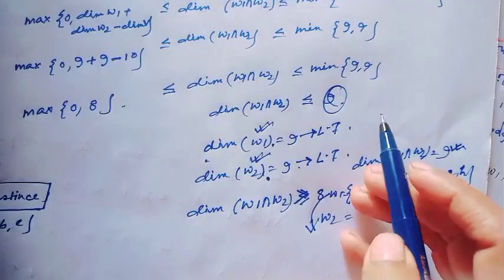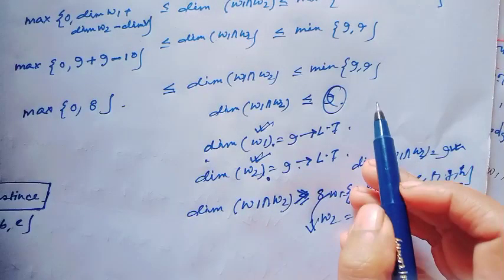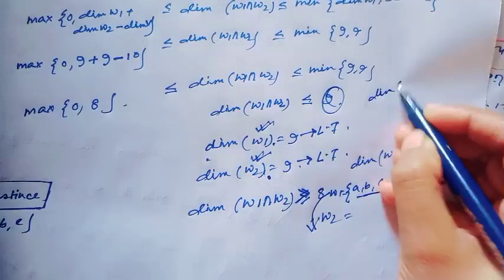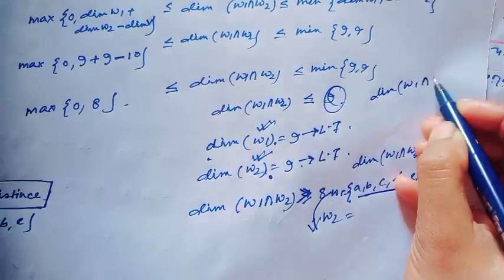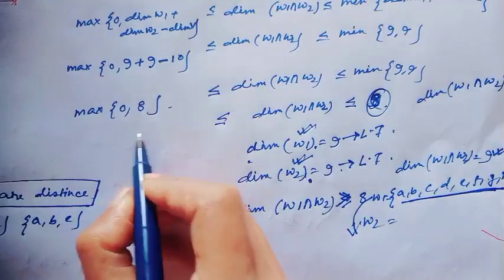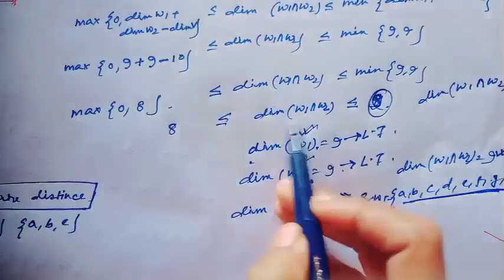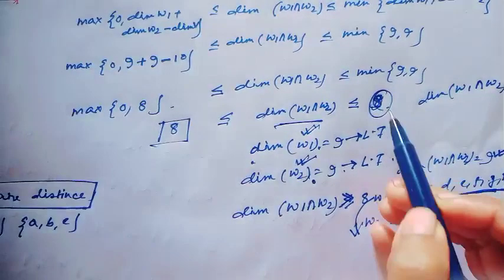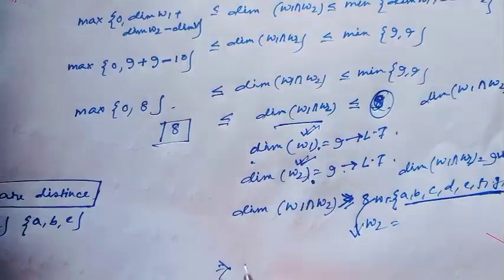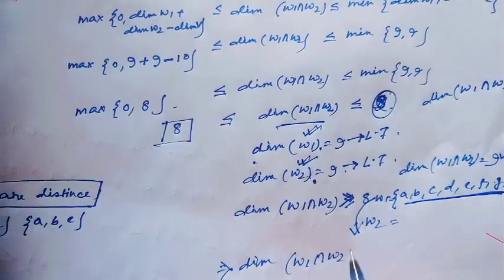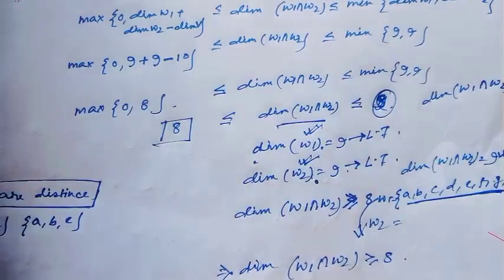So dimension 9 is not possible. Hence dimension of W1 intersection W2 would be greater than or equal to 8.